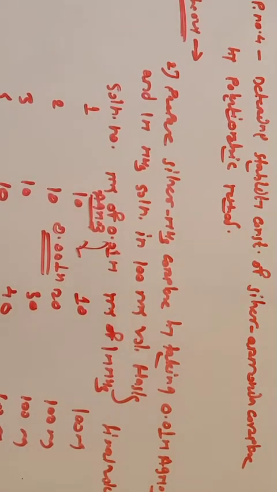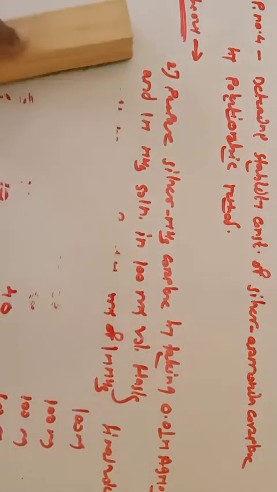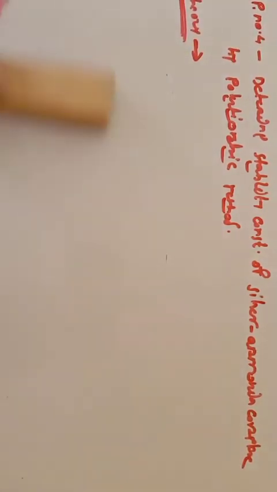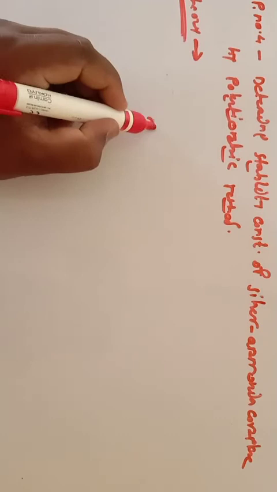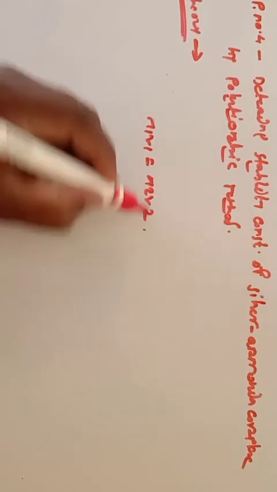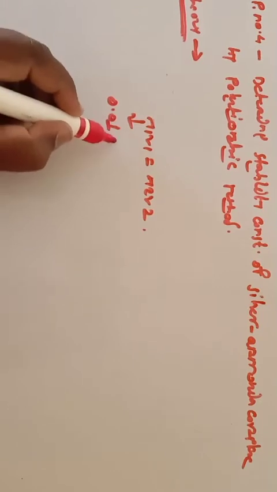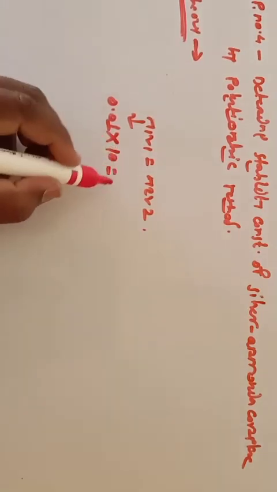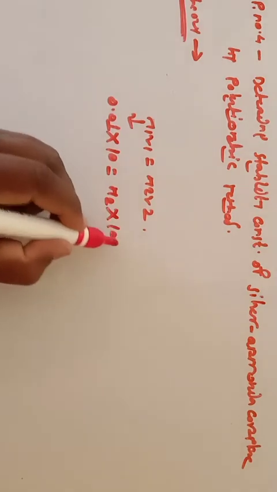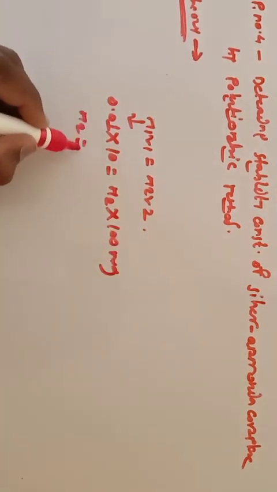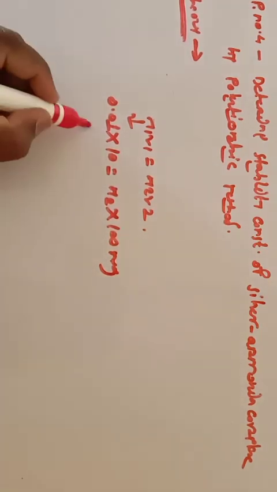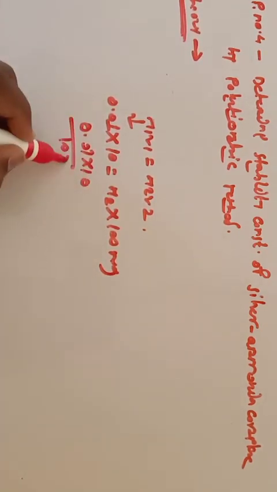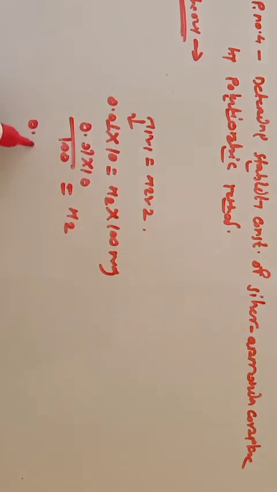One can easily find out how the concentration of the silver ammonia complex is changed using the simple formula N1V1 equals N2V2. Initially the concentration is 0.01, then we take 10 ml in each flask, and the final volume is 100 ml, and therefore N2 we can write as 0.01 into 10 divided by 100. So this is your N2, which is nothing but 0.001 normal.